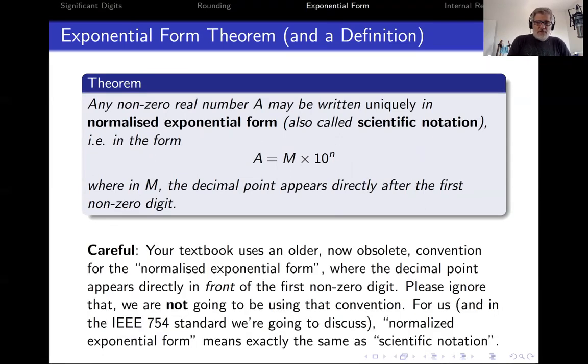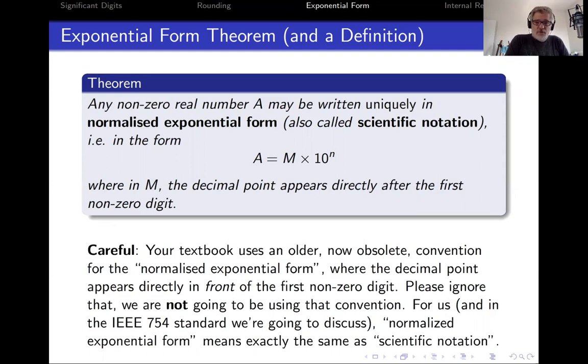Here is a very important remark. Your textbook uses something called normalized exponential form, which is different. In the book, the decimal point appears right in front of the first non-zero digit. That's an old standard that was used many years ago in computers. It is not what is used now.